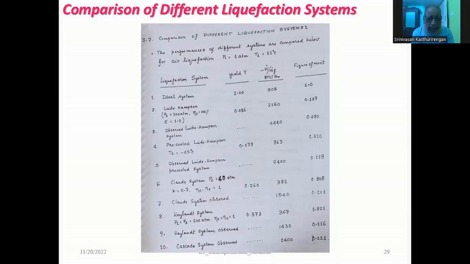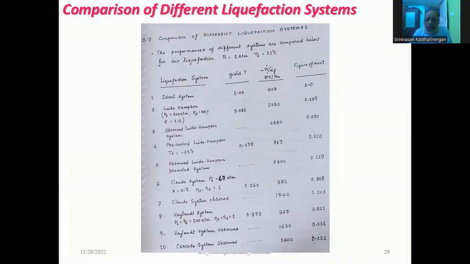Now let us consider the Linde-Hampson system operated at 200 atmosphere, and let's assume the efficiency is 100% for the compressor, and we will take the efficiency as 1 for the heat exchanger. So in such cases, you find the work requirement is about 2250 BTU per pound mass, whereas yield is only 8.6% approximately.